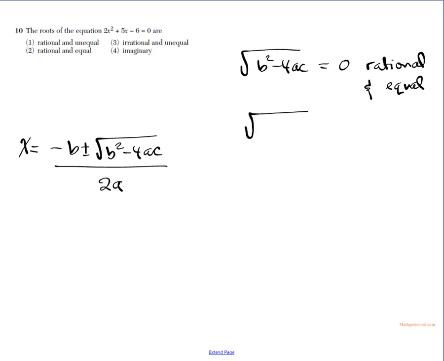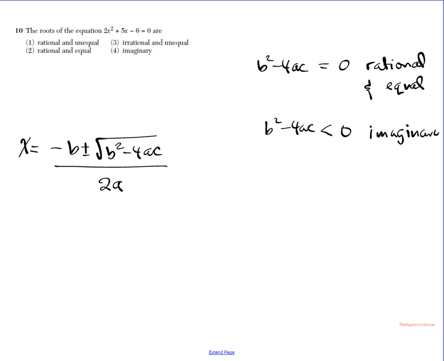If this were negative, let's freeze here. I don't need to carry the square root because, yeah. Okay. If this were negative, less than 0, that basically means that you're going to have an imaginary number because you're taking the square root of a negative number, so it's going to be imaginary. Okay?